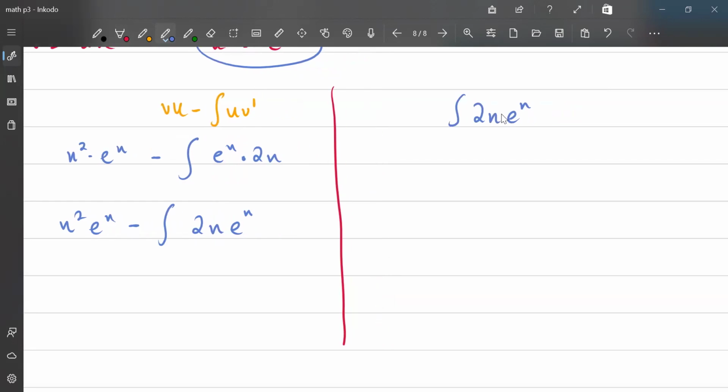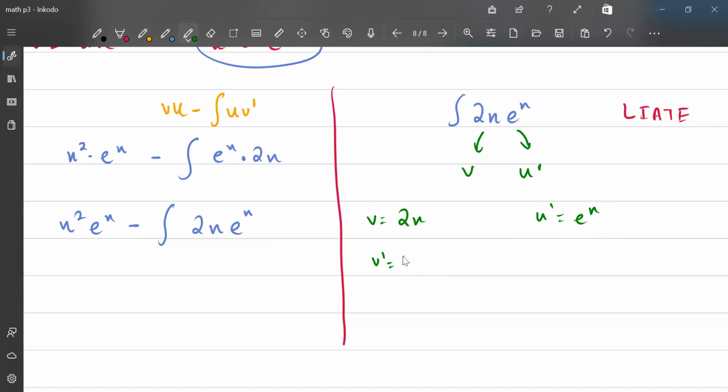Now identify in the Lie order. 2x, since it is an algebraic function, would be v, and e to the power x coming afterwards is an exponential function, which is u dash. So v is 2x and u dash is e to the power x.